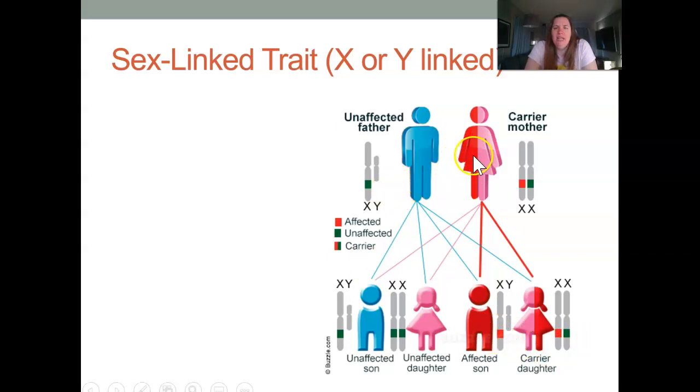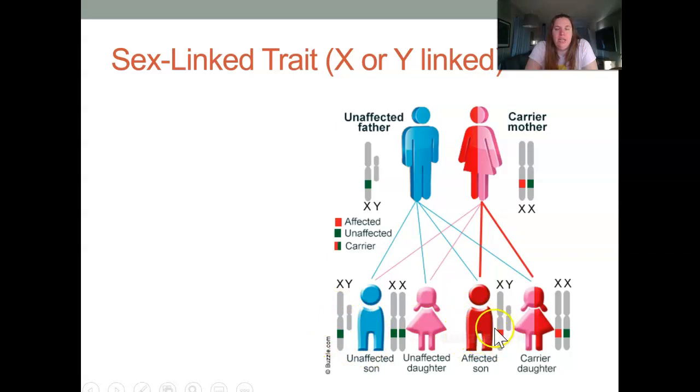But now let's look at the son. The father can't contribute a normal X allele to his sons. He can only contribute the Y chromosome to his son. So the boys basically have a 50-50 chance of getting one of these X chromosomes from their mother. If the boy has the dominant, unaffected allele, this offspring will be fine.